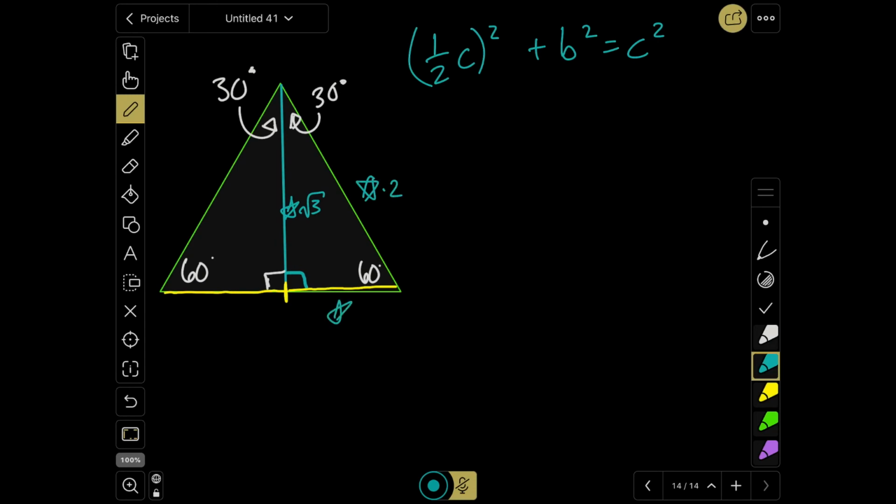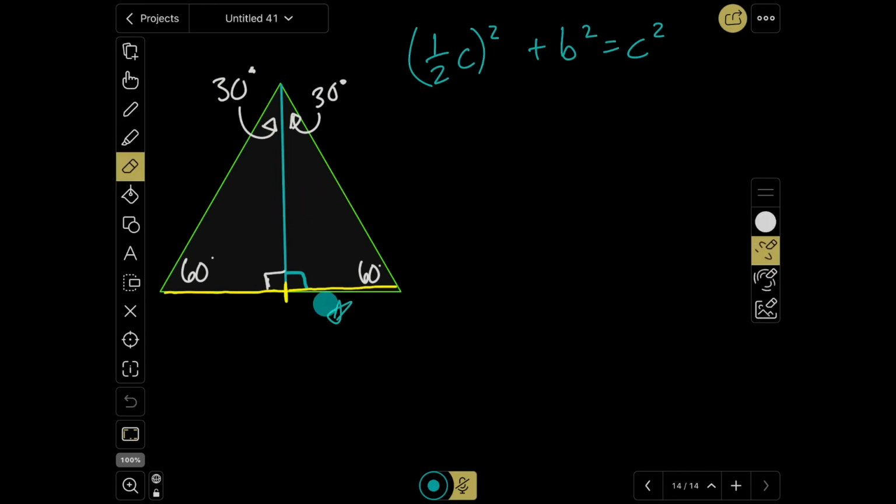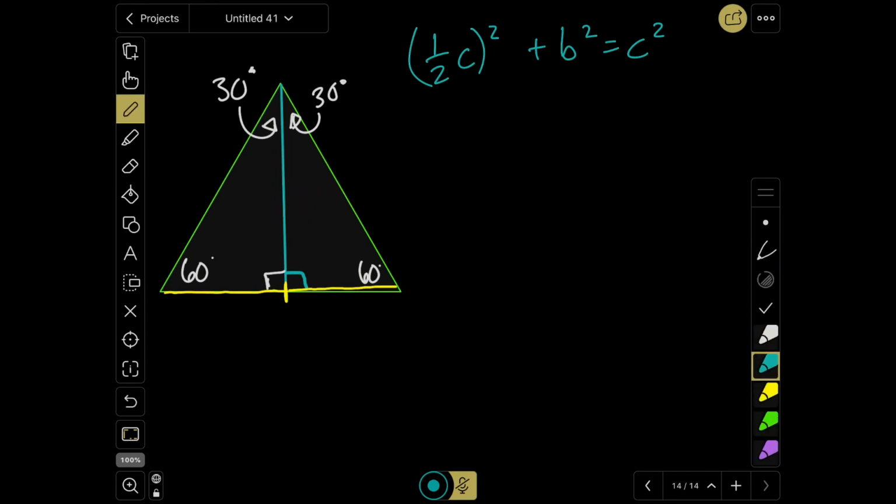I'm going to go through and prove that that's true. Let's say I'm given that C, our hypotenuse, is 10. Well, I know that this will be half of 10, which is 5. Then I need to find this number here, B. So we have 10 is C, and it's equal to 5 squared plus B squared.